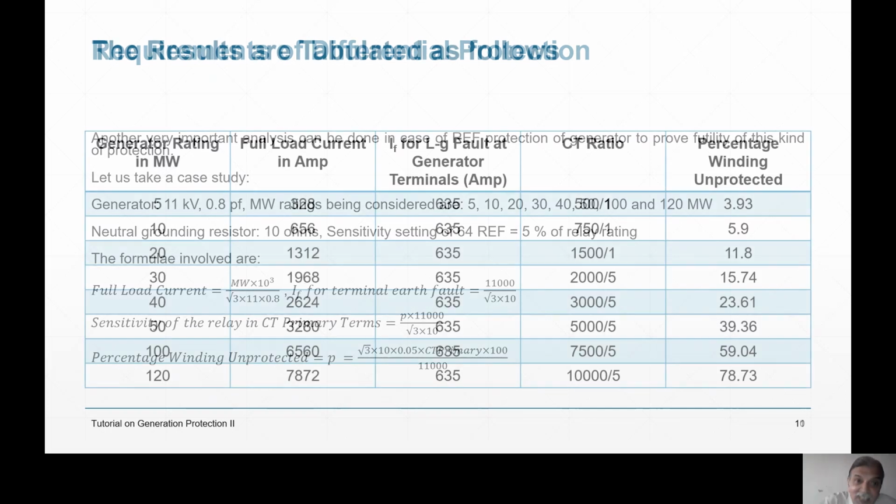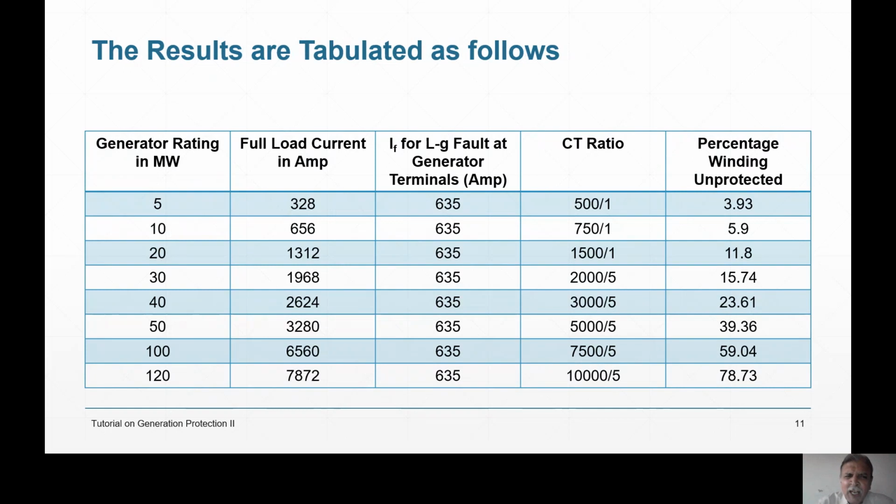If you do this analysis, very important analysis, if a 5 megawatt generator you are protecting for this case, 3.93% winding is unprotected. Not bad, not that very bad.